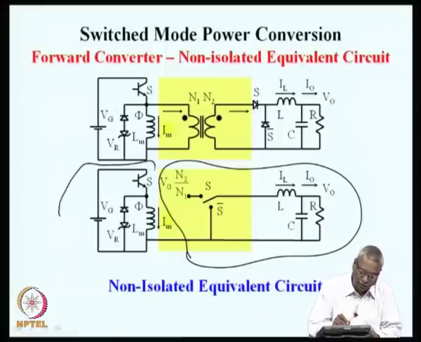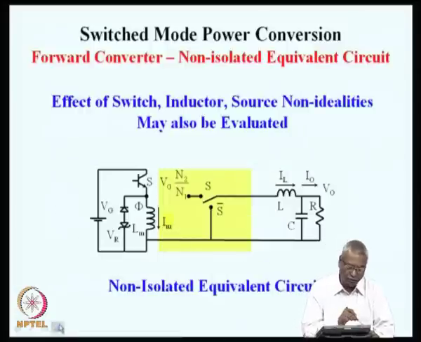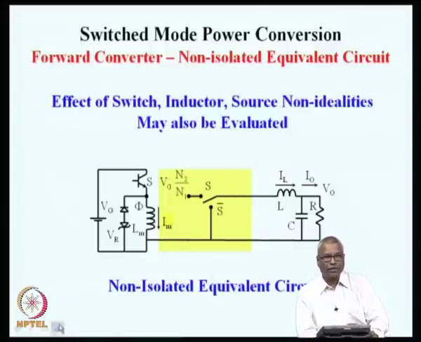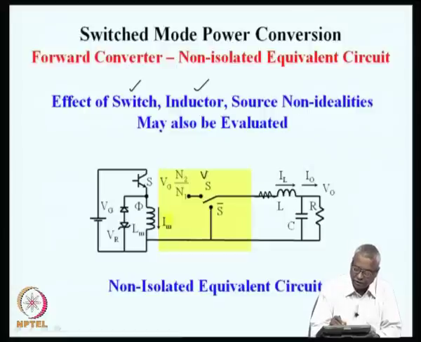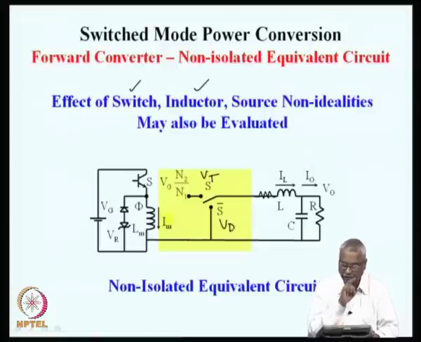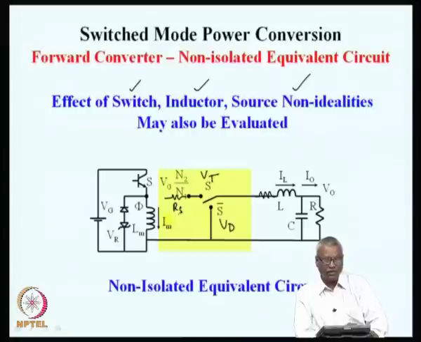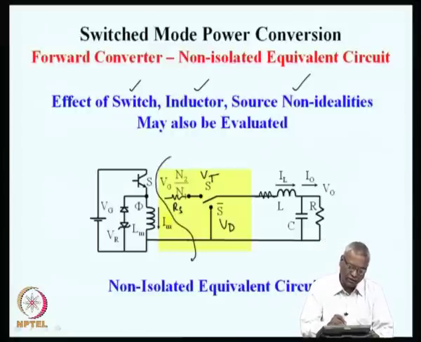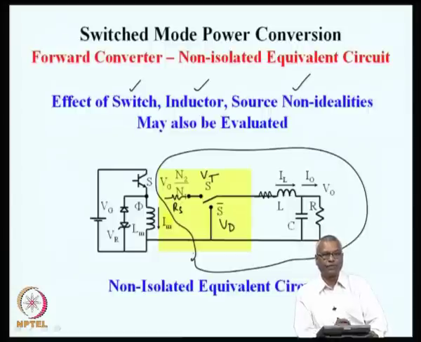The magnetic circuit part has been seen already by this section, and the switch non-ideality, what we see here, the inductor non-ideality, which is the resistor of the inductor, the switch non-ideality is the drop in the voltage Vt, Vd, etc., and the source non-idealities, which are again resistance of the source, etc. All these may be evaluated by analyzing the non-isolated equivalent circuit, just as we did in the previous circuit.